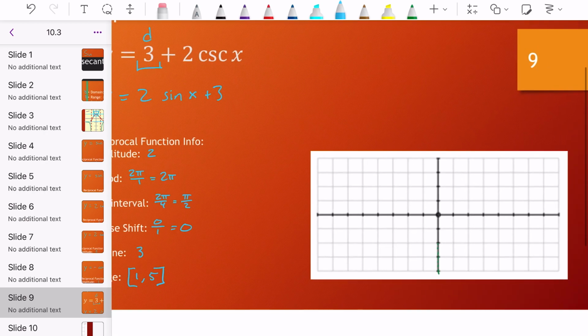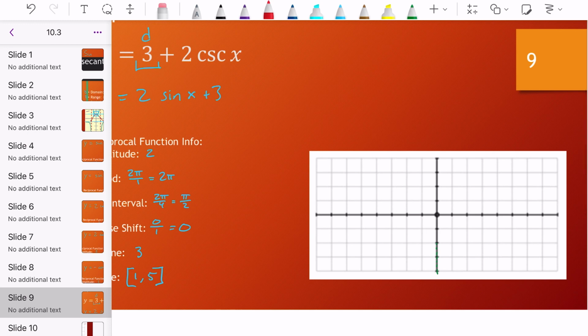We're going to go ahead and graph out our midline, which is going to be at 3. So we're going to go ahead and label our actual x-axis as our 1, this line as our 3, this line as our 5. Keep in mind, anytime that you are changing the original graph, you have to go ahead and label it out as far as what's occurring.